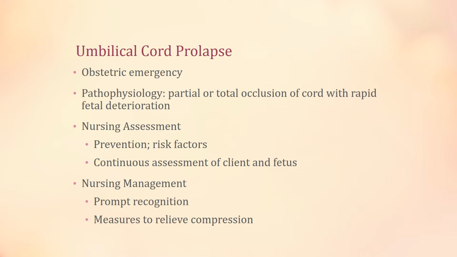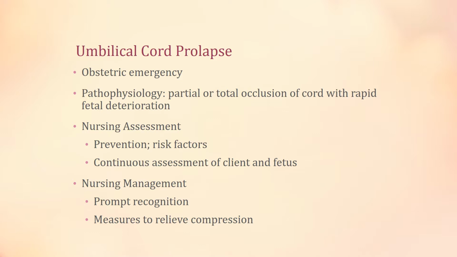It is common sometimes whenever the baby's in a breech position, and it's the risk whenever the presenting part does not fill the lower uterine segment. It usually will lead to total or partial occlusion of the cord, but this is the only lifeline the fetus has, so it's important for us to find a way to get the baby off of that cord.